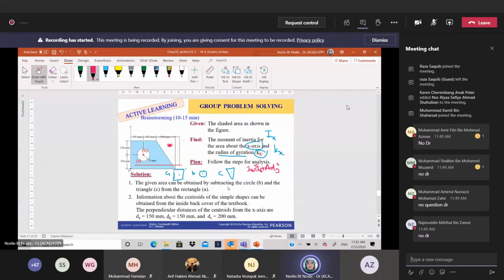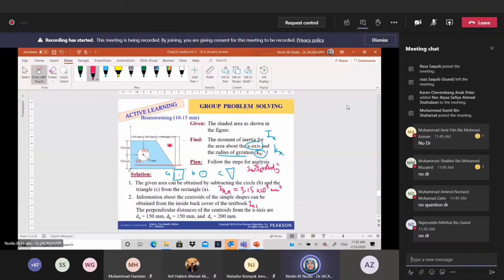Okay, for IXA is equal to 3.15 times 10 power of 9. Don't forget the unit. The unit is 1 mark. It will help you. And then IXB is equal to 4.2 times 10 power of 8 millimeter power of 4.